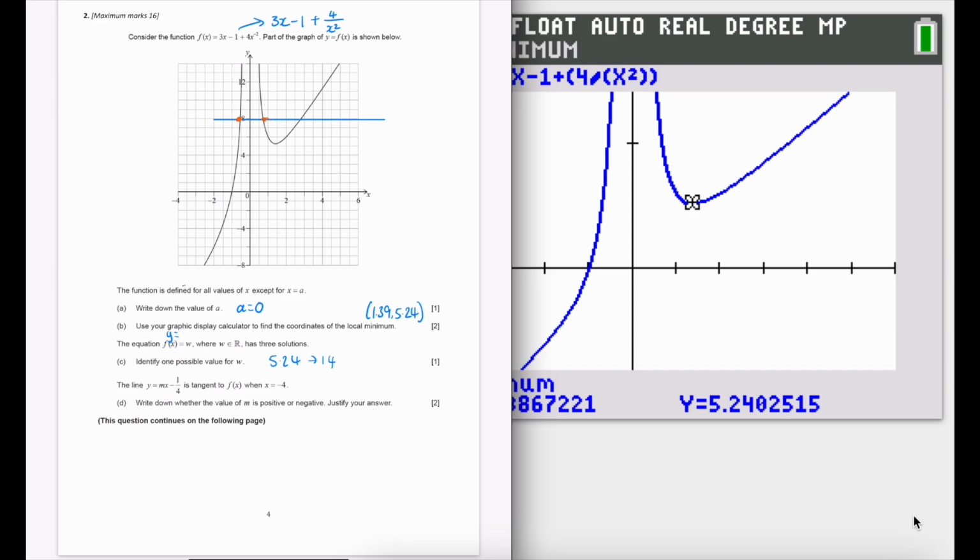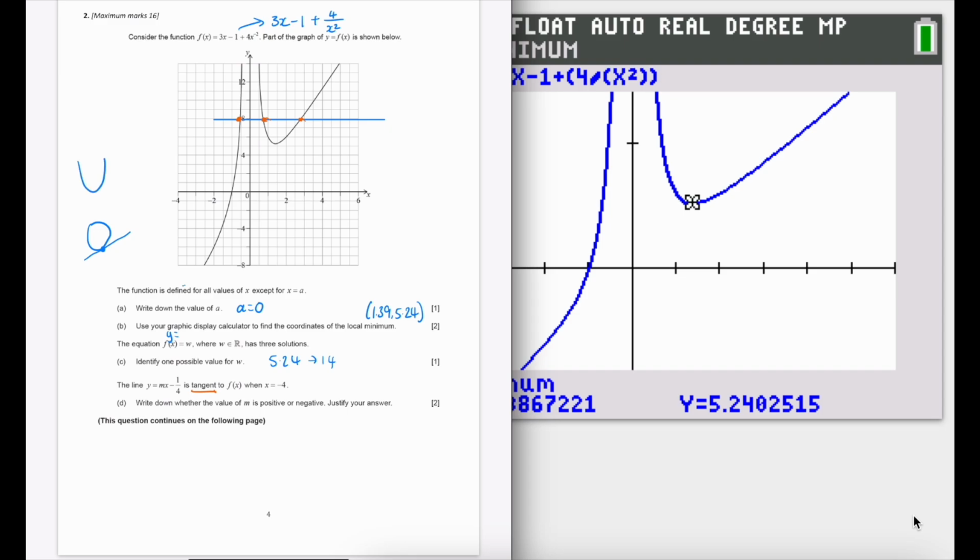And we're told that the line of y equals mx minus 1/4 is a tangent to f of x. Now this tangent just means the same as you've done in other parts of maths. For example, if you have a circle, a tangent touches it exactly once and follows that same line.